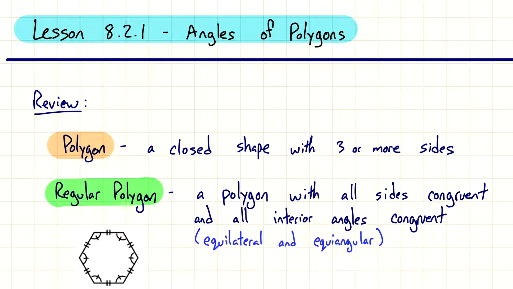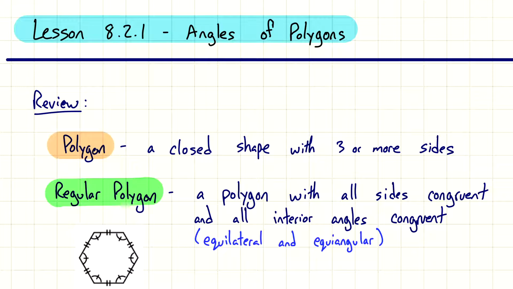So we've talked about three-sided shapes and four-sided shapes, and the next step would be to talk about 5, then 6, 7, 8. Instead of focusing on just one of those, we're going to expand it to all polygons.